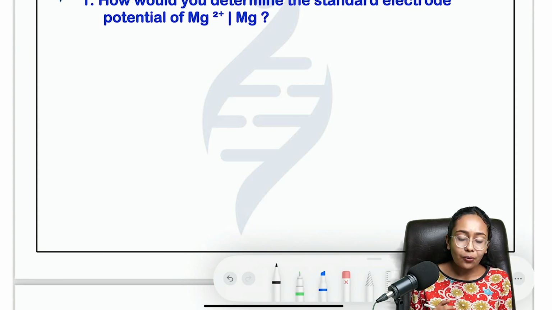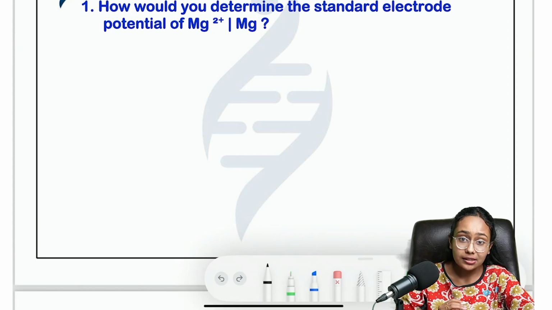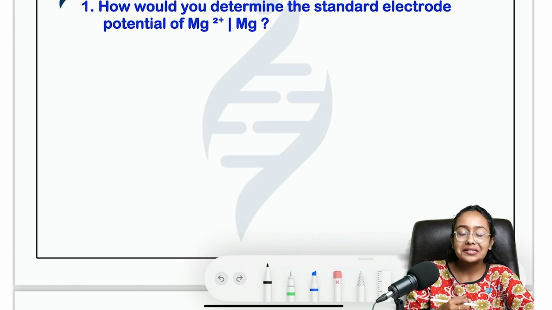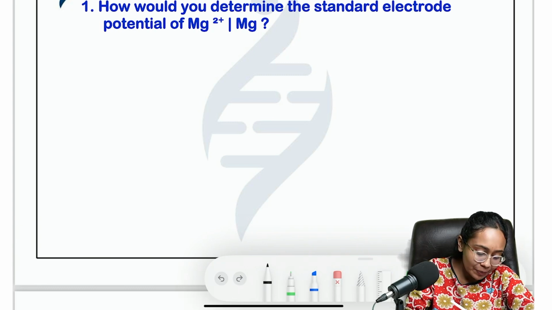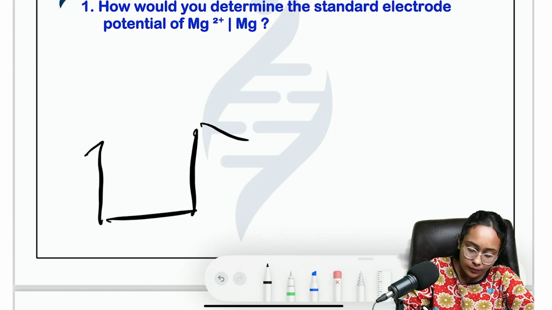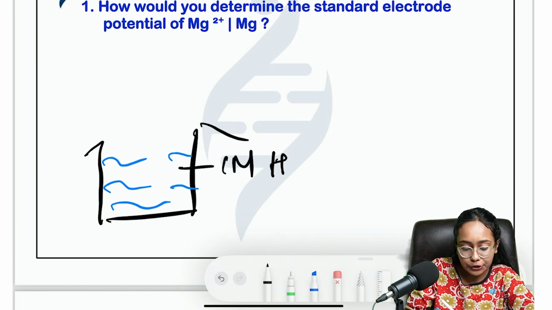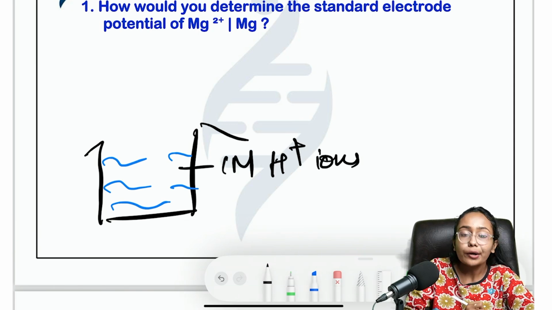So let's see how the standard hydrogen electrode works. Let's construct a standard hydrogen electrode first, so that you'll learn what a standard hydrogen electrode is in this problem answer section itself. An SHE means I'll be using a solution having 1 molar H+ ions.